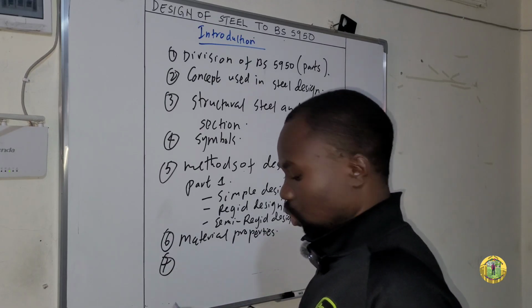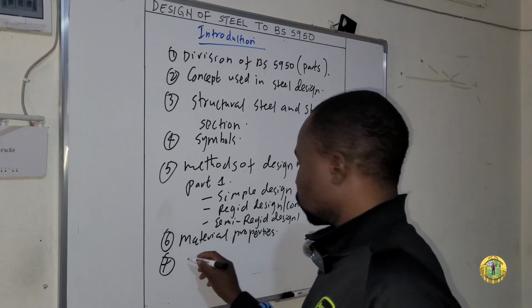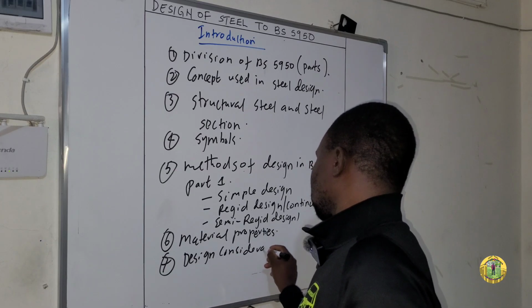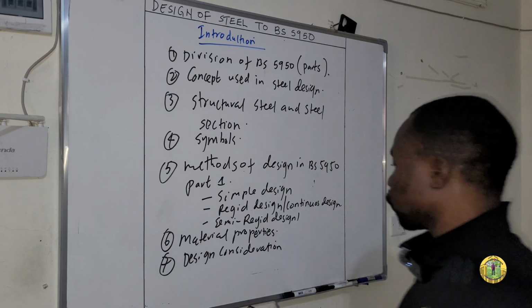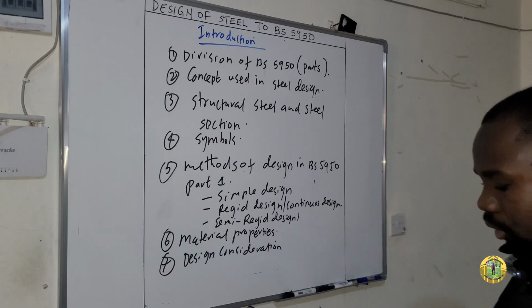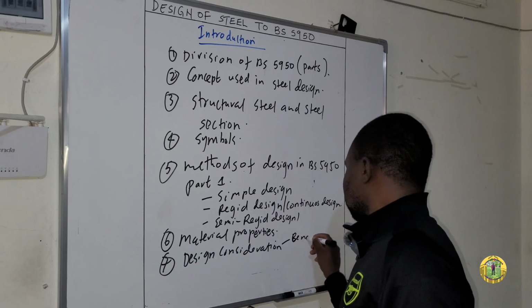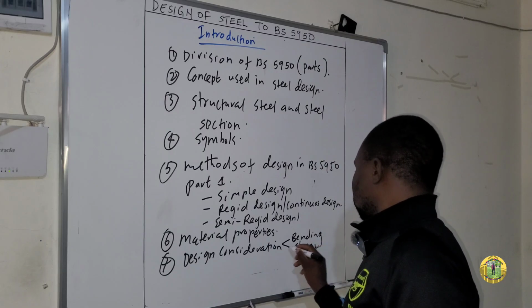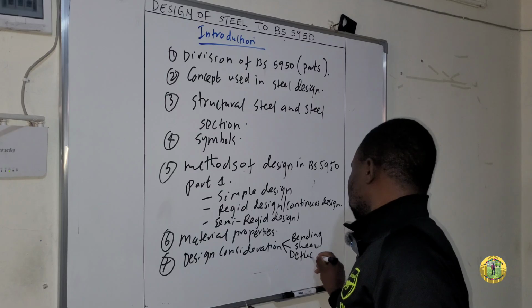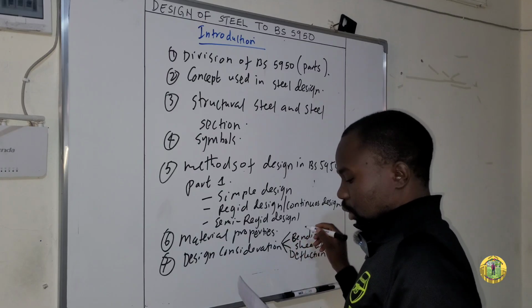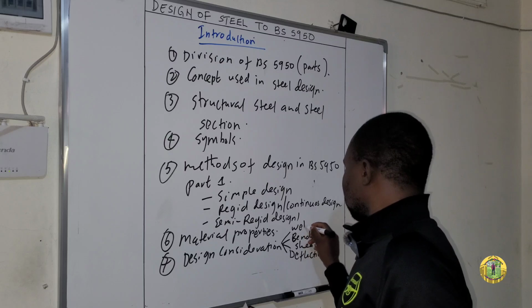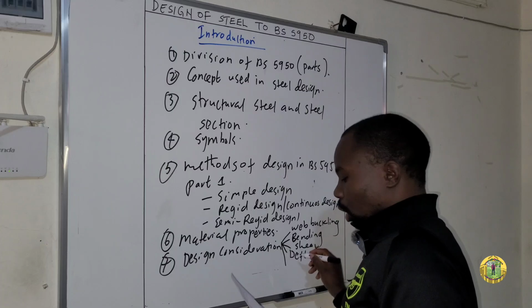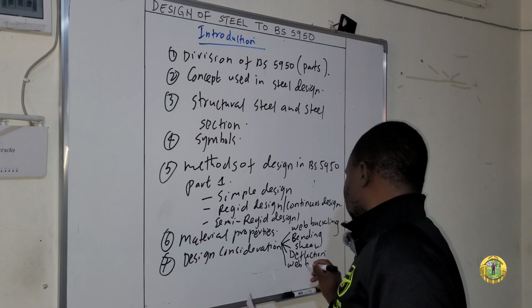Number seven, we have design consideration. Under design consideration, we will discuss bending, shear, deflection, web buckling, and web bearing resistance.